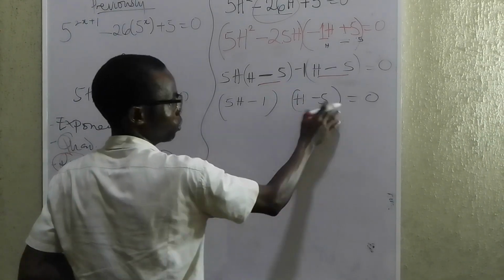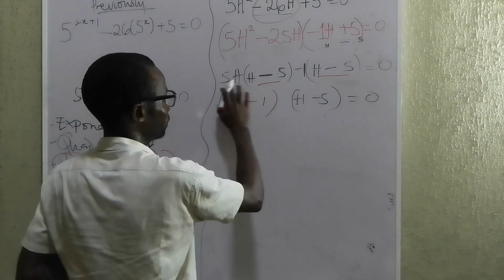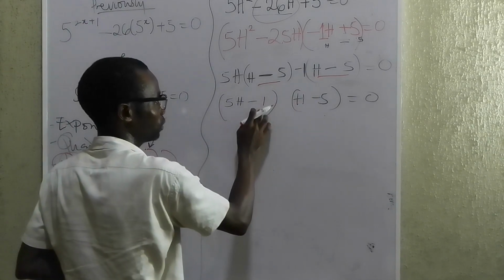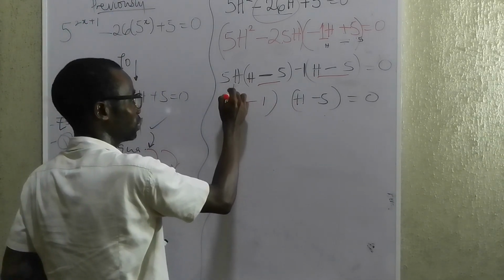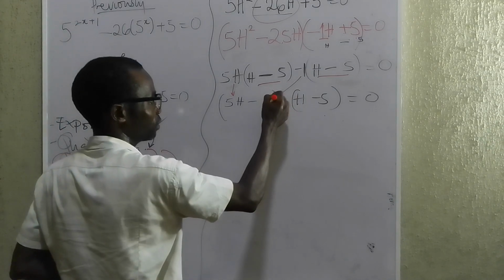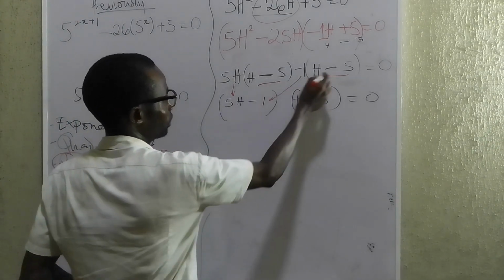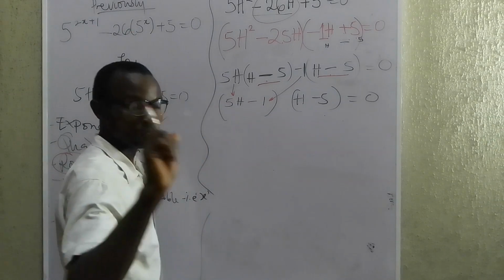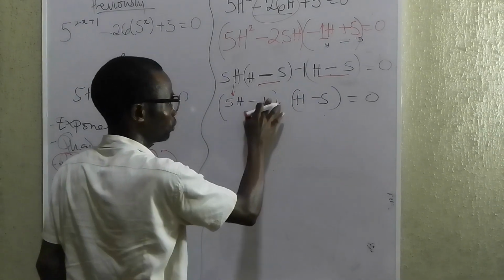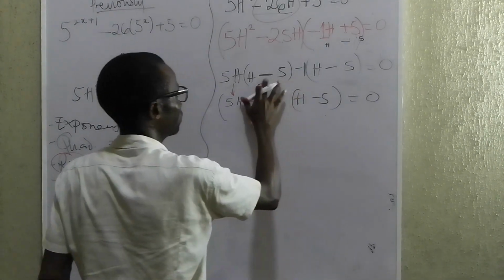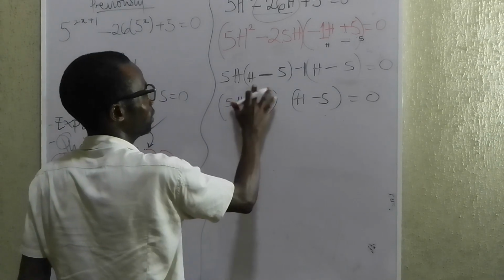And then this is minus 1, this is minus 5. These two are the same thing, so I just use only 1 to represent it.